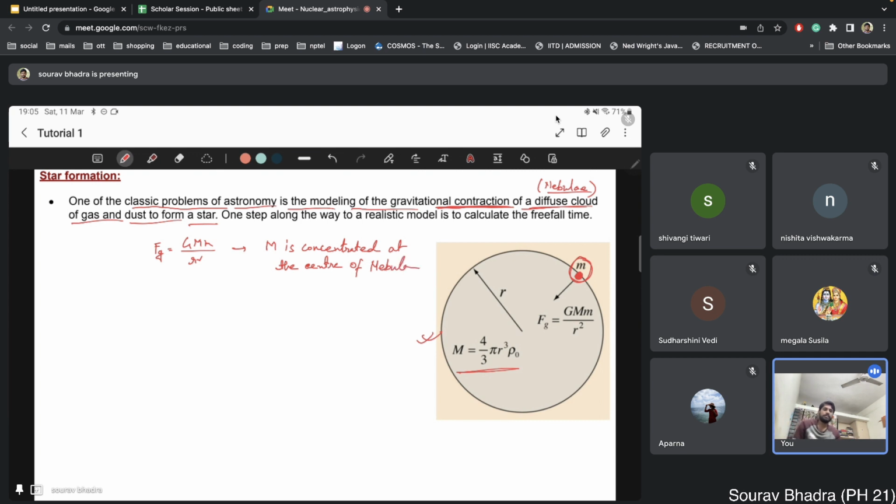Okay, so this is the gravitational force which is acting inward on that mass m, and so it will feel acceleration towards the center of the gas, and we will just use the conservation of energy, nothing but that. It is the simplest picture. Generally it doesn't happen this way because there are many other effects like turbulence, pressure, everything, but it is the simplest idea of how it can form.